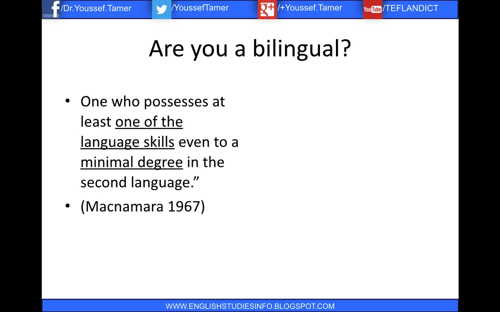One who possesses at least one of the language skills, even to a minimal degree, in the second language.